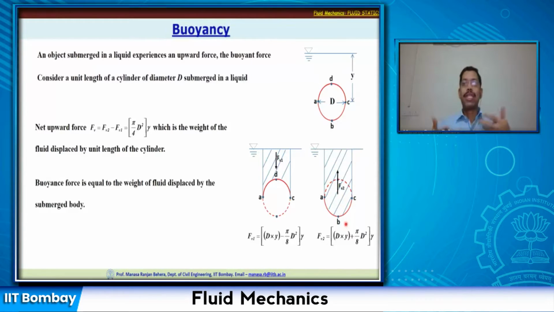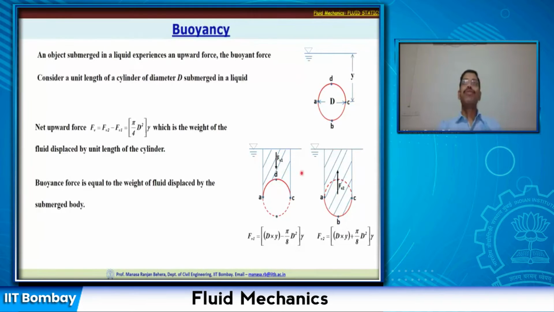That is nothing but the buoyancy force acting on you. Let us understand this buoyancy force by analyzing the pressure acting on the body that is submerged in the water.